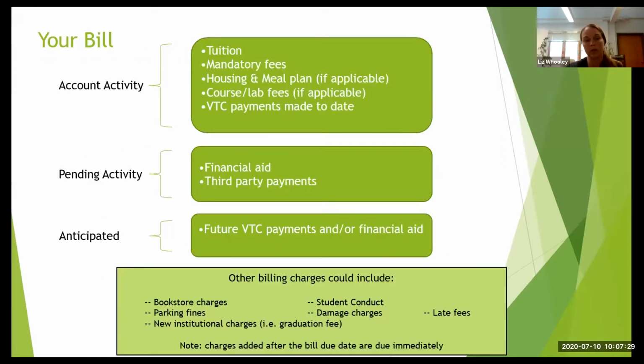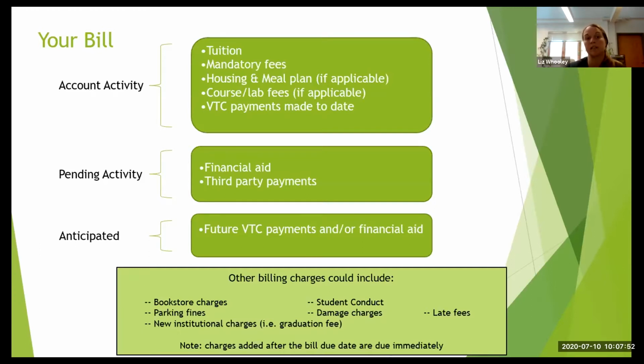When you're looking at your bill, it can be comprised of certain things: account activity, tuition, the mandatory fees, housing, meal plan, course lab fees if applicable, and any VTC payments made to date. You will also see some pending activity, which would include mostly financial aid and third-party payments.